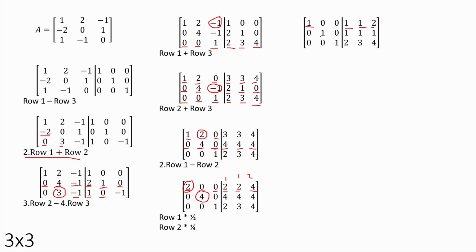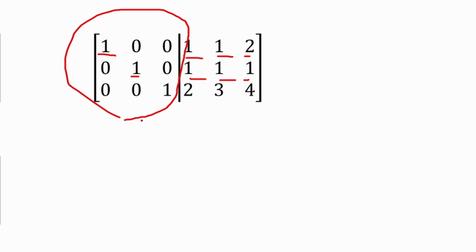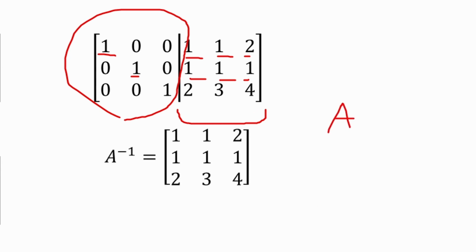This one will be 1. As you can see, guys, this one has changed into the identity matrix, and then this one is the inverse of matrix A.